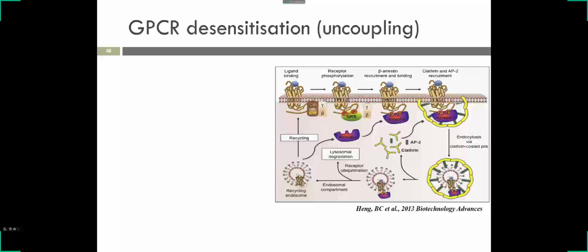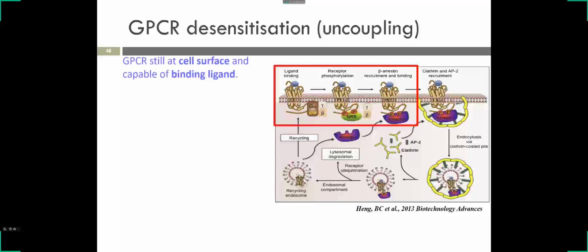So in terms of GPCRs, what does this desensitization look like? In this case, you have our receptor still at the surface. A ligand binds. You get that GTP-GDP exchange that I mentioned to you. Then you get recruitment of a family of enzymes called G protein receptor kinases, GRKs.